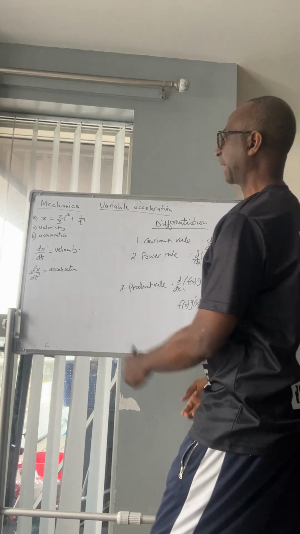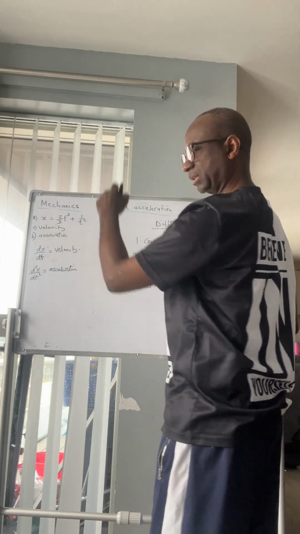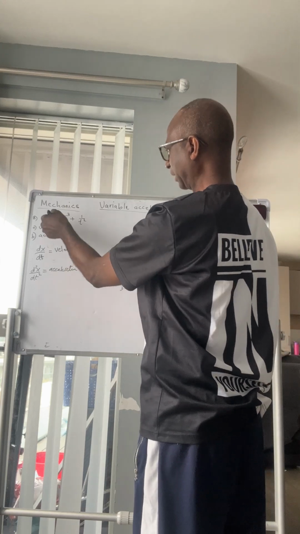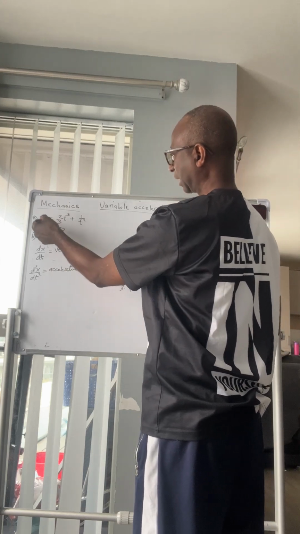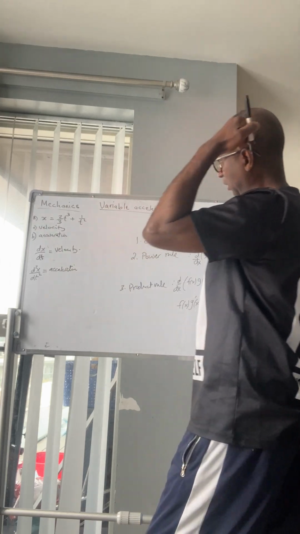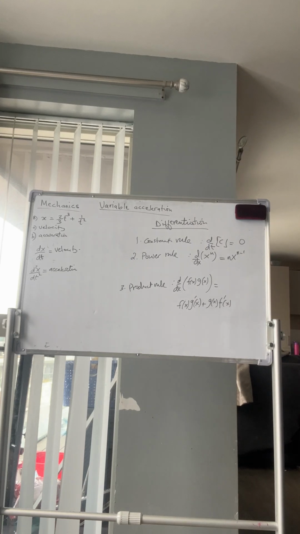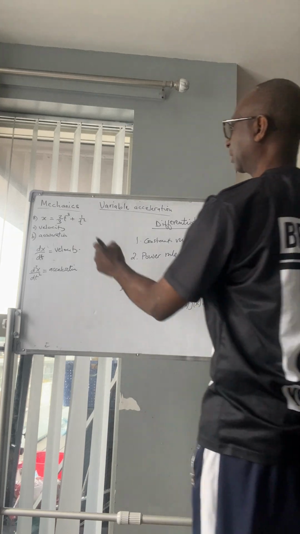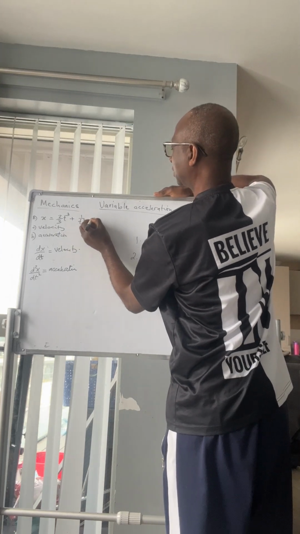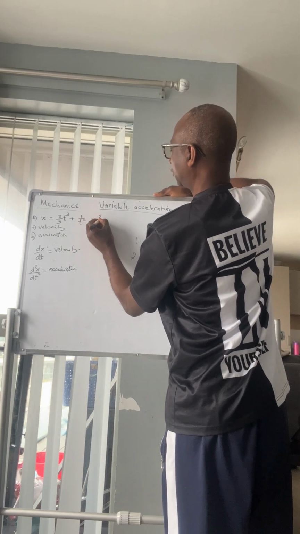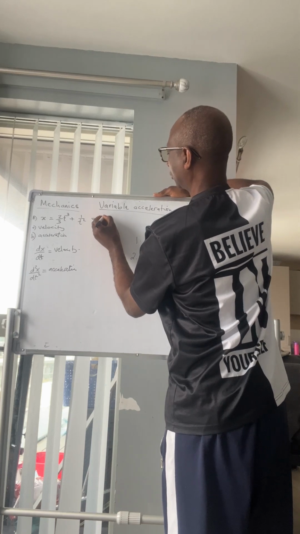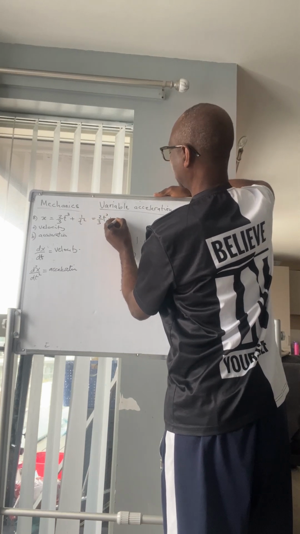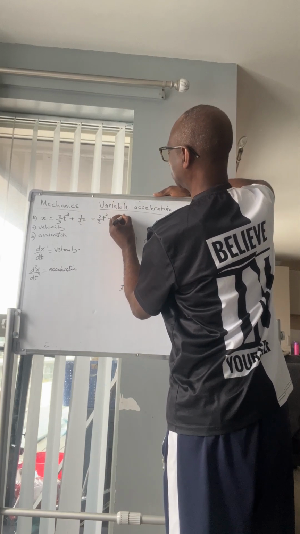So let's find the velocity of this particle when the displacement is given as x equals 2 over 3 t cubed plus 1 over t squared. I would like to transform this form to plus t to the minus 2.